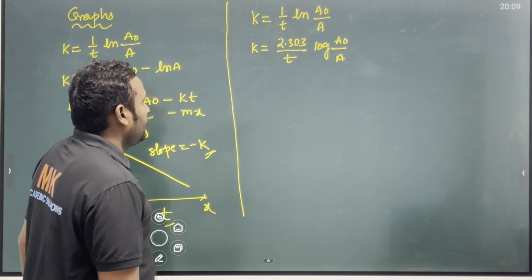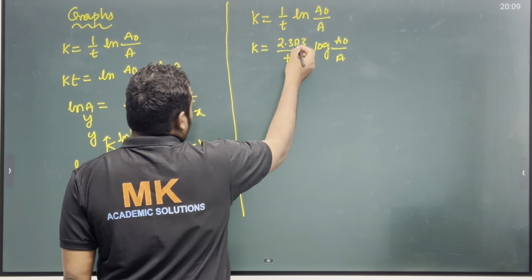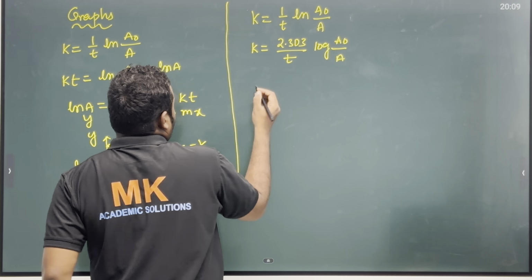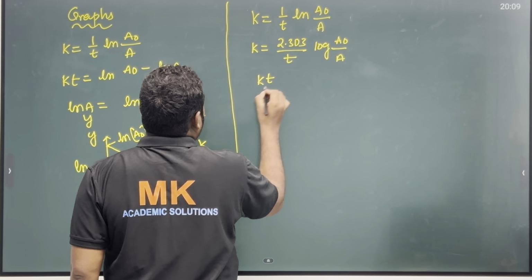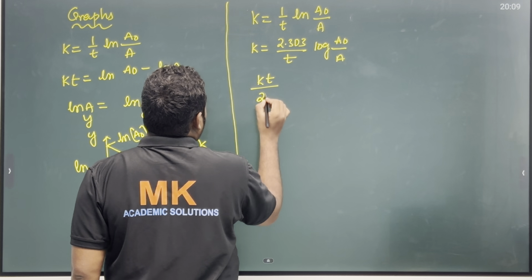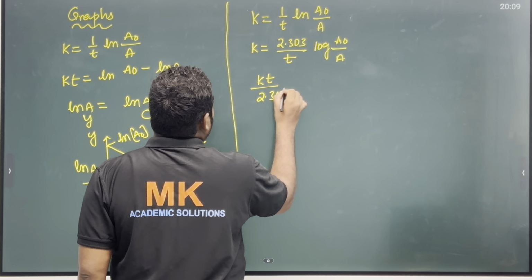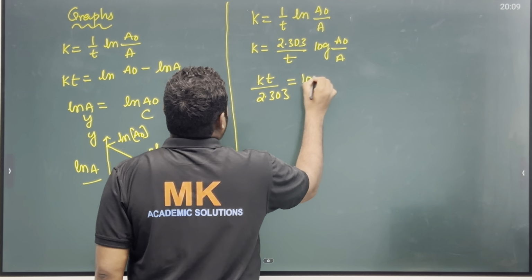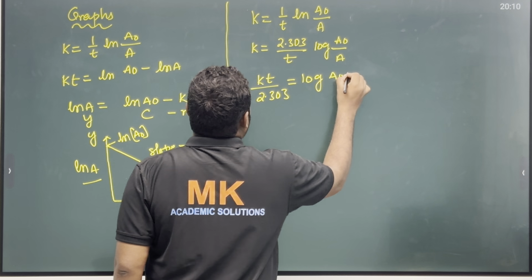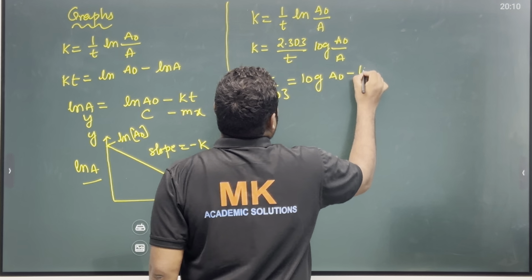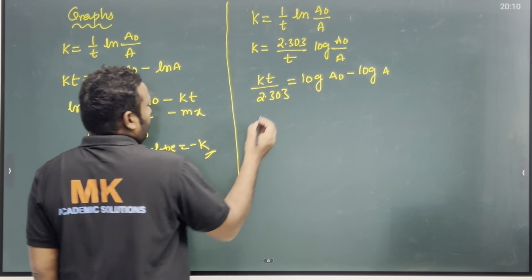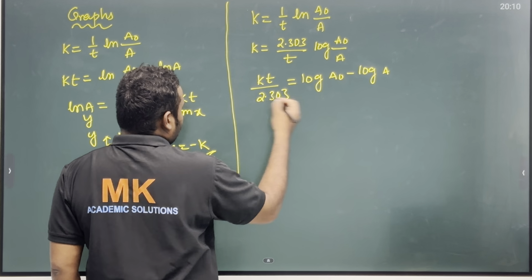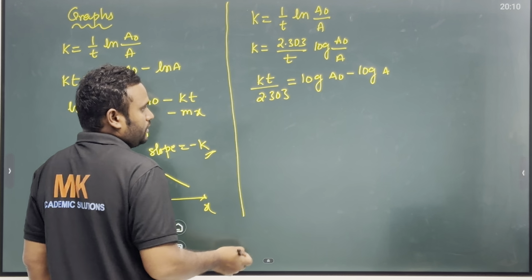Now you send t and 2.303 this side. What you will get here? kt by 2.303 is equal to log A naught minus log A. Therefore, log A you send this side and kt by 2.303 send that side.